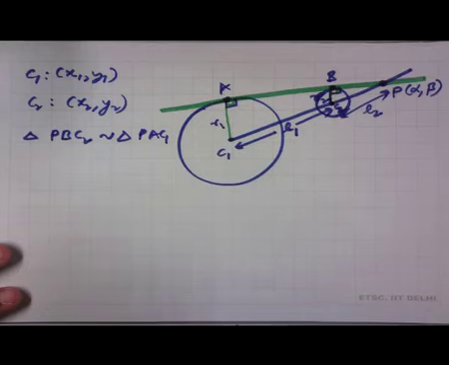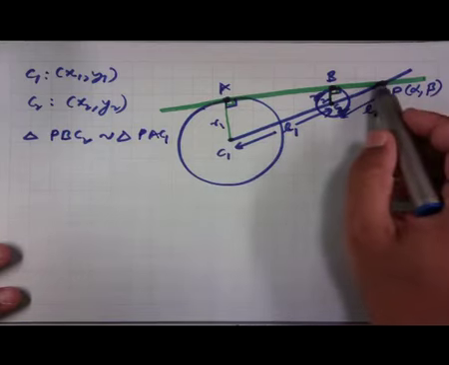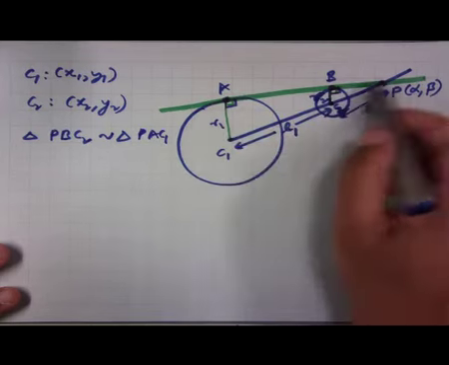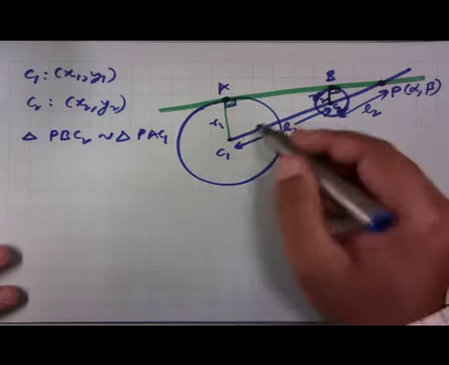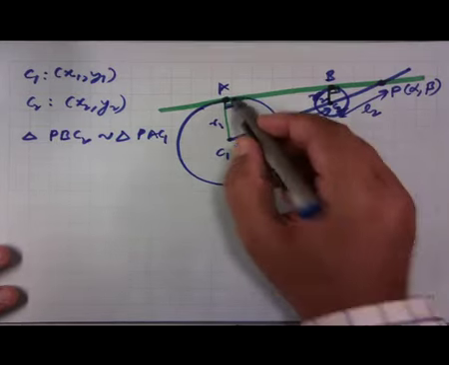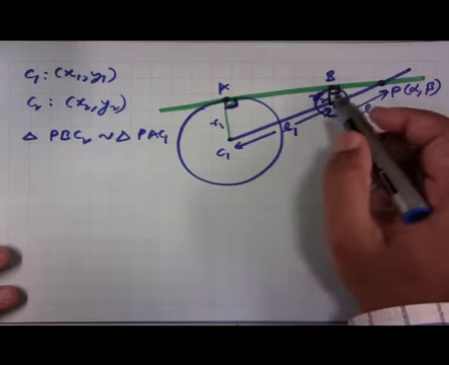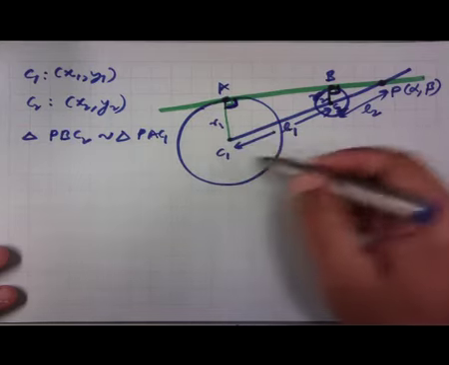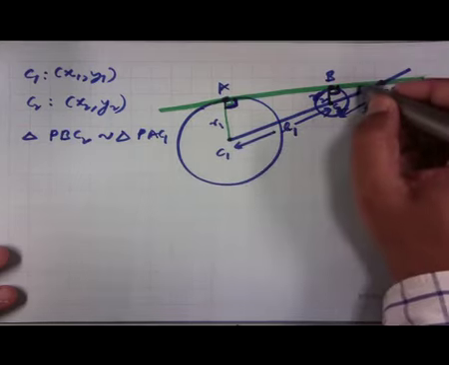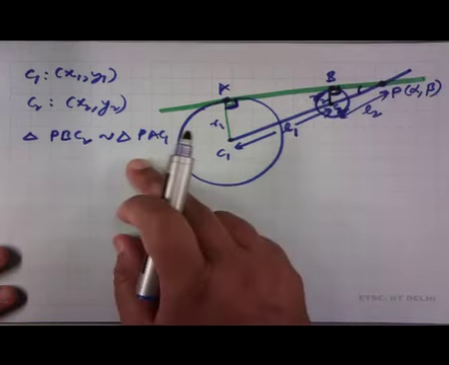and this is because both these triangles, PBC2 and PAC1, have the same three angles. As we can see, one angle is 90 degrees, this angle is equal to this angle, and further it is clear that this angle is also common to both the triangles.